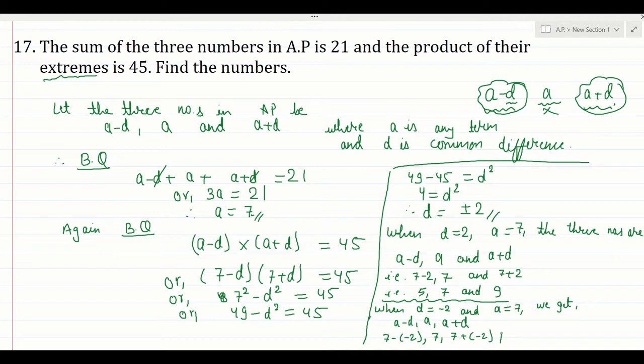So which is ultimately how much? 9, 7 and 5. Is this clear? So at last our answer is, therefore the required numbers are 5, 7, 9, or you can mention 9, 7, 5 as well. Is this clear? Okay, now let's go to next question.